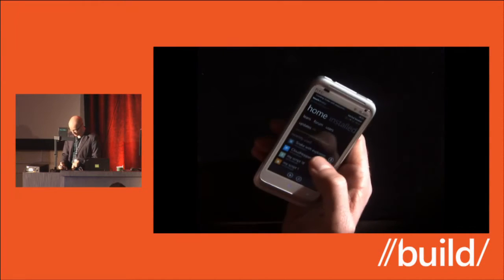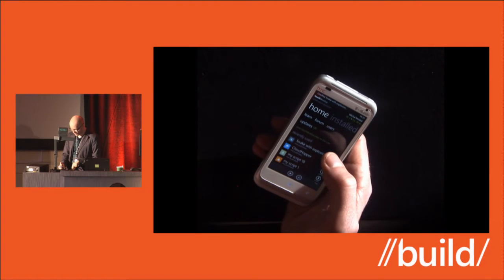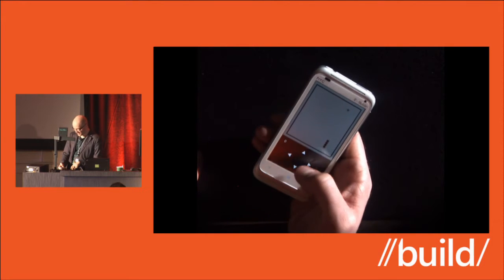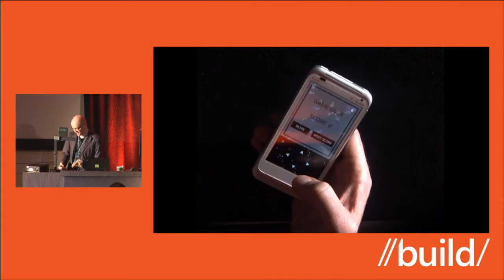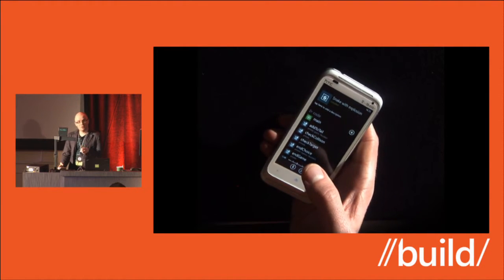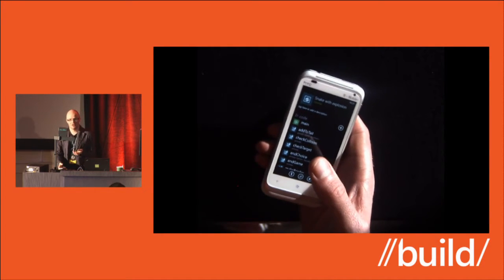I'm going to load up this game that one of our users wrote. And first I'm going to just play it. You probably know that game. You've seen it. This is the same game that was there in 1997 on those Nokia phones. The difference between 1997 and now is that in 1997 you could play the game on your phone. Now you can actually write it on your phone.